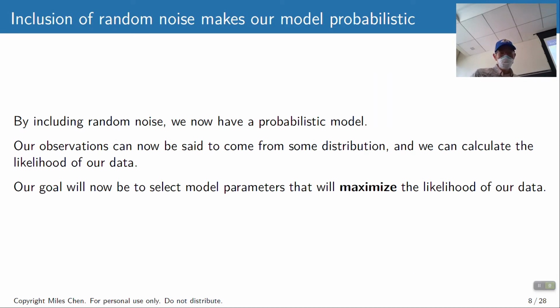And so now we have a probabilistic model. When we look at our observations, we say they come from some kind of distribution, and if that's the case, we can calculate the likelihood of our data. Now our goal is to figure out the model parameters that will maximize the likelihood of the data.